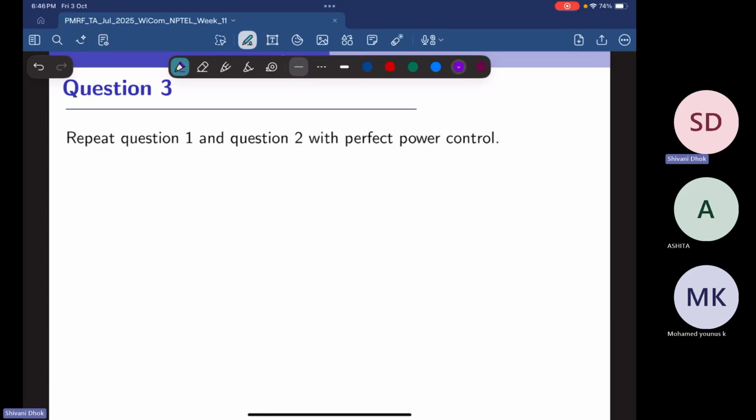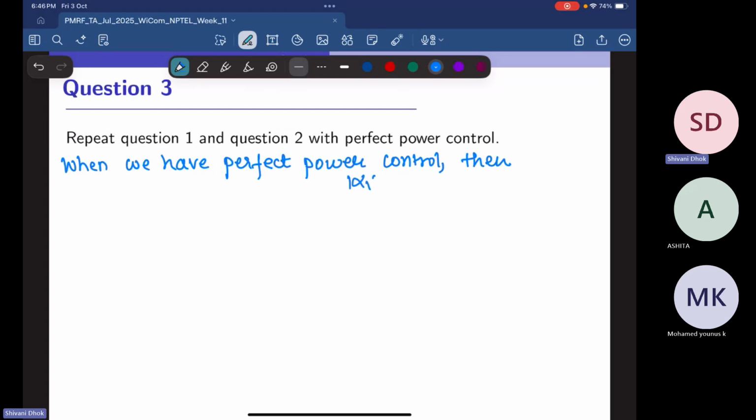So it says to repeat question 1 and question 2 when we have perfect power control. So when we have perfect power control, then in that situation we have magnitude of alpha 1 square equal to 1.